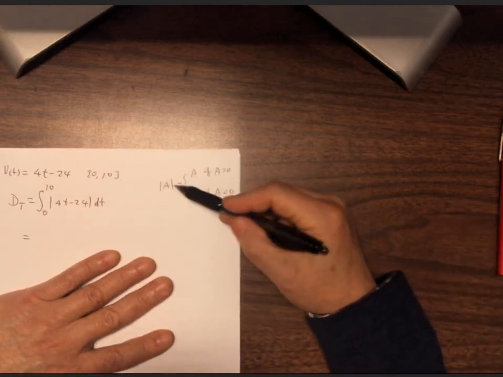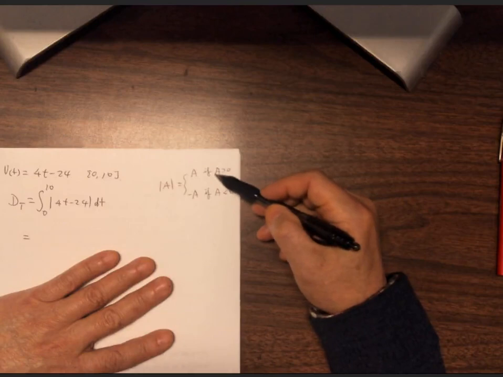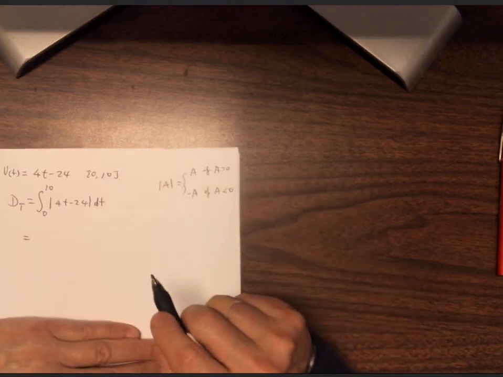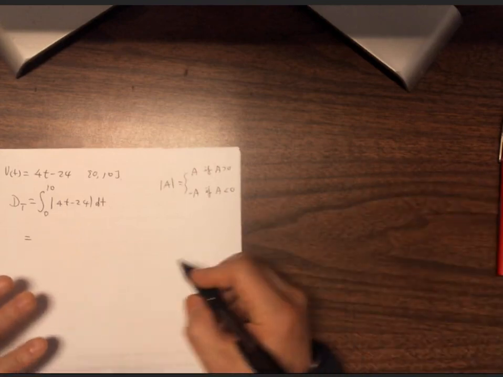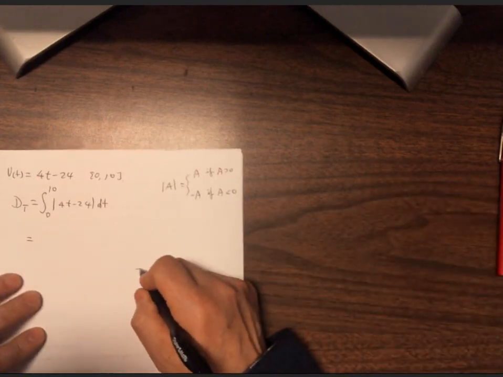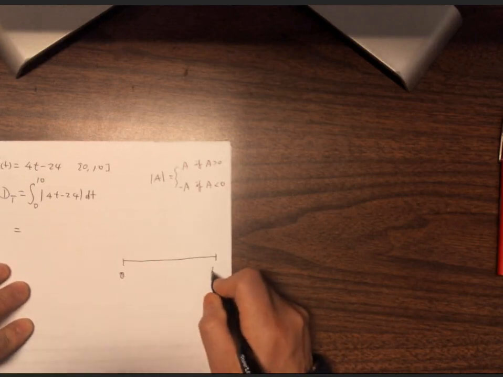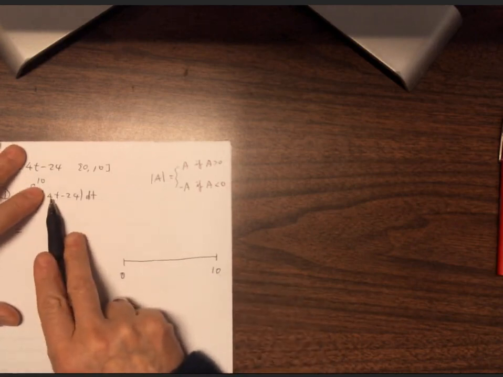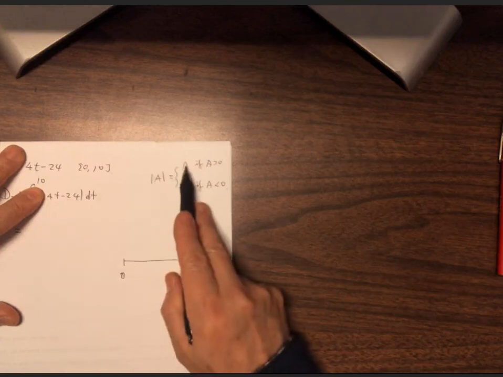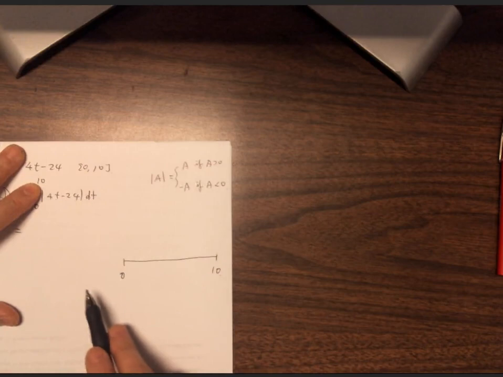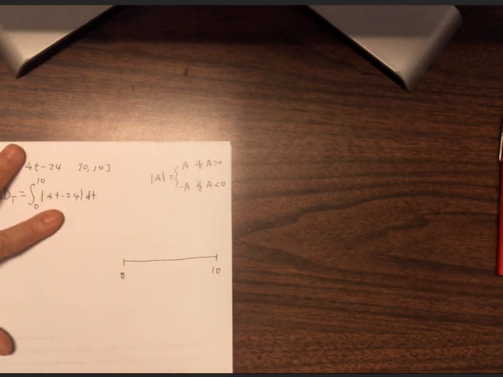So the key is to determine the sign of the thing inside the absolute value signs. For this, we need to construct a sign chart, 0 to 10. We want to determine where 4t minus 24, like our capital A, is positive and where it is negative over the interval 0 to 10.